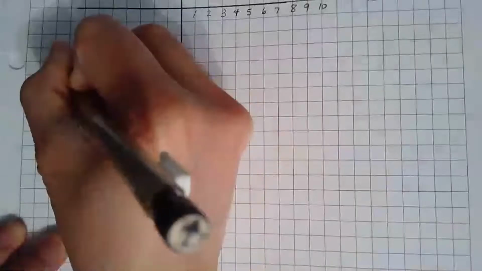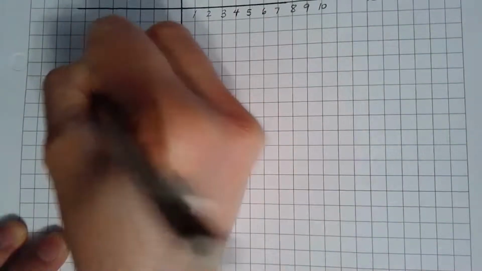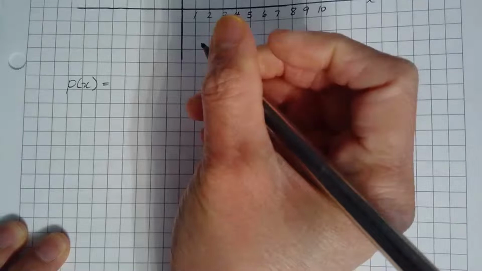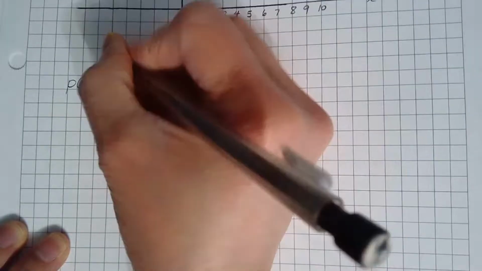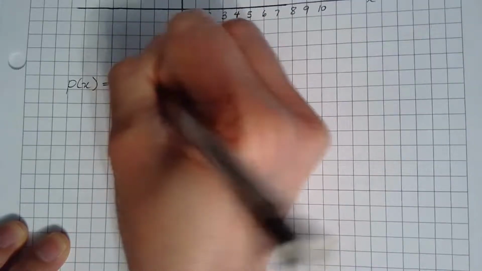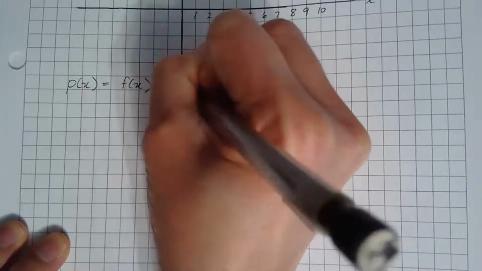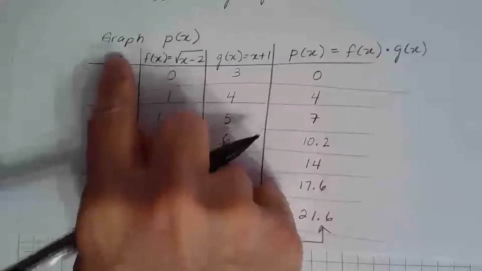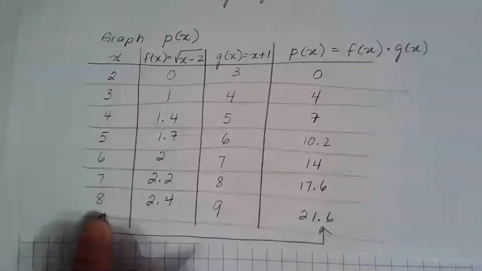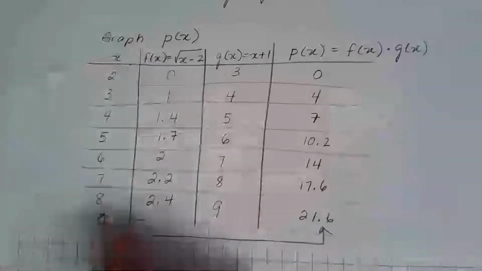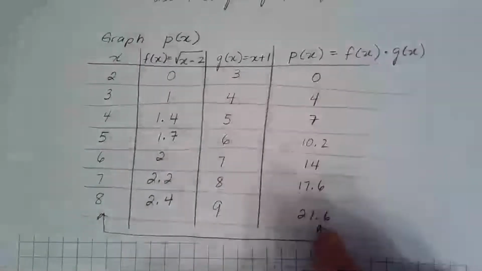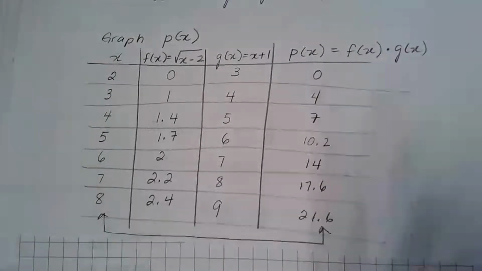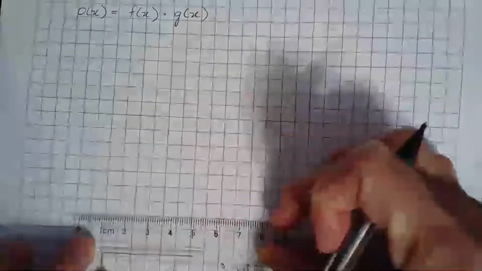So this is still example 1, but this time it's going to be p of x, where p of x is f of x times g of x. Okay. 2 to infinity, 2 to 8 on my table of values. And then here, we're going to get up to 21. So we'll see, as long as we can see the pattern.